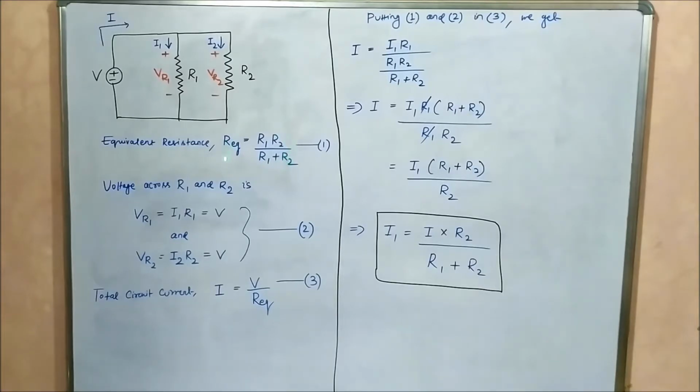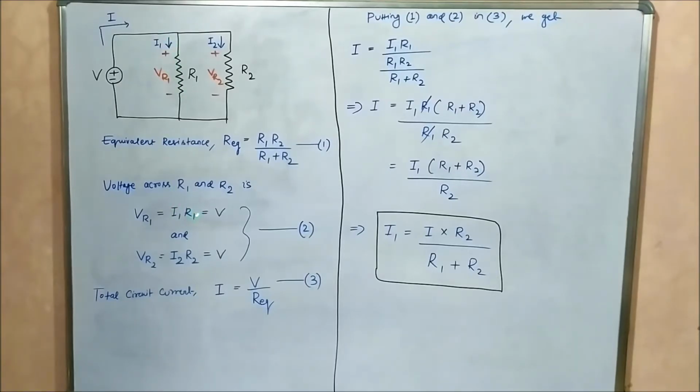So again, let us pay attention to each of the three equations that we just got. R equivalent is the equivalent resistance of the parallel combination of resistors, that is R1 R2 by R1 plus R2. Next, the voltage drop across the resistors R1 and R2 will be the same as they are connected in parallel across the DC supply V. So each of the voltage drops will be equal to V, and the voltage drop can also be written as the product of the individual branch currents and the resistance values.